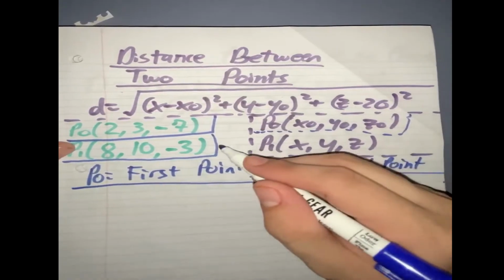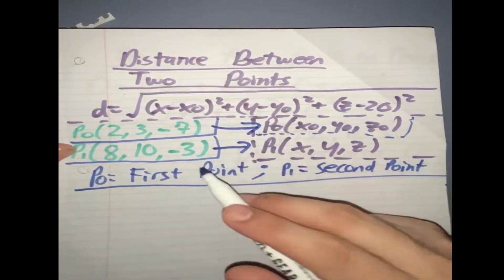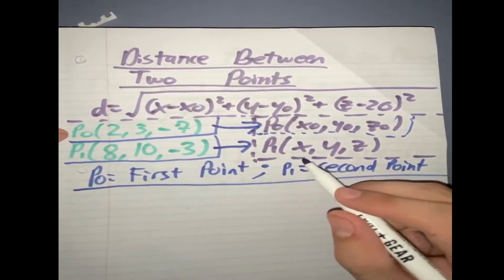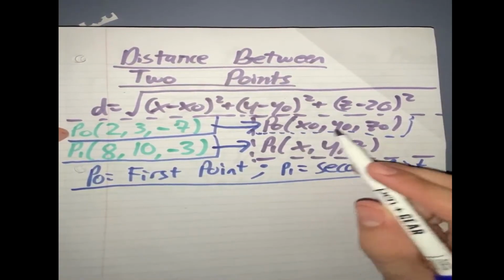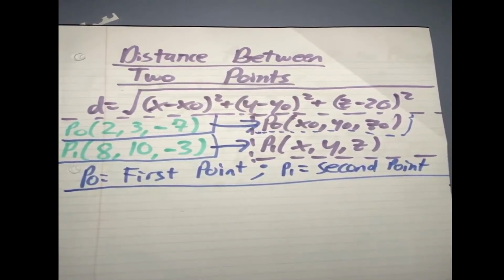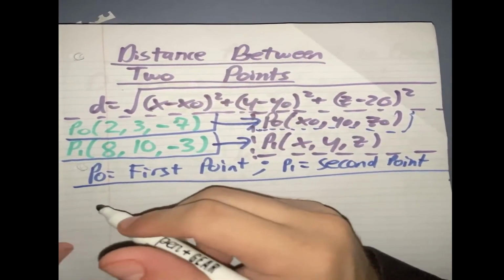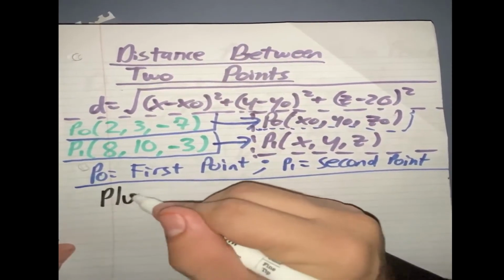And you can do this simply by associating these together. So P1 is X, Y, Z. P naught is X naught, Y naught, Z naught. So now that we know that, the next step is to plug it into the distance formula.